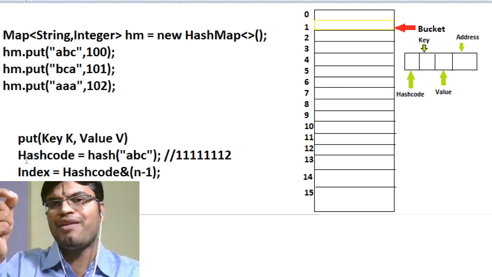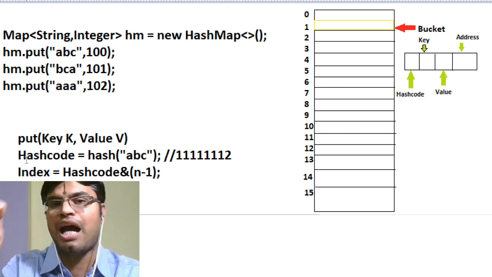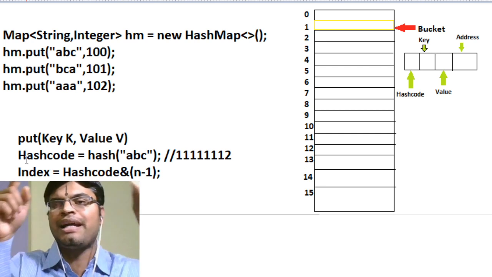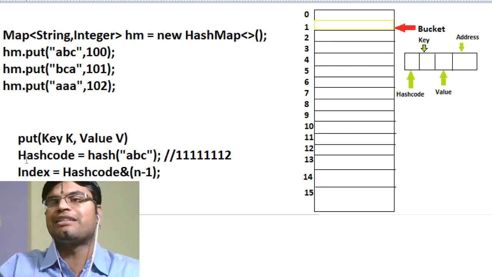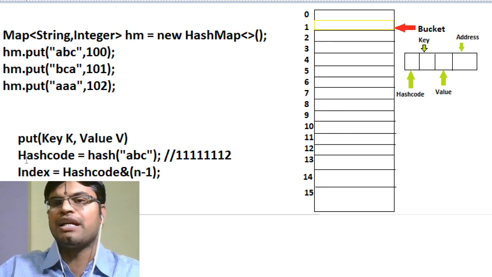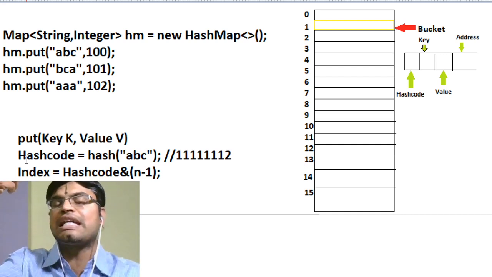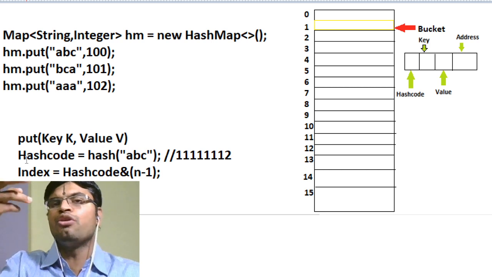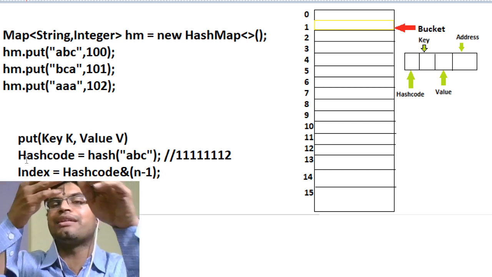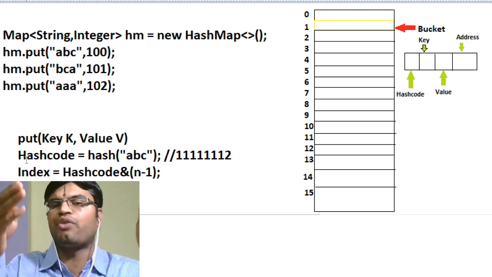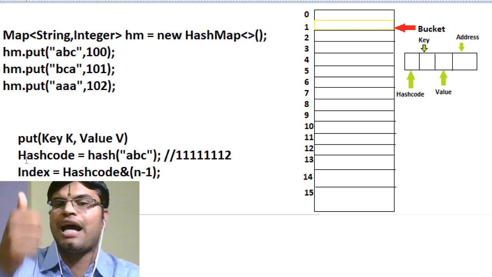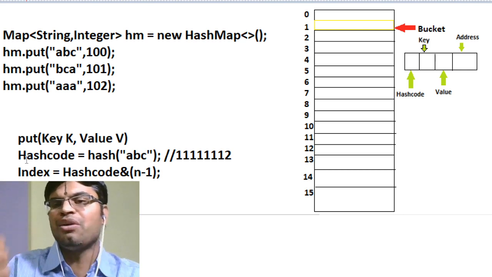In that case, these buckets will contain something called a linked list. So the same index value, for example 1, is the index value for 2 different keys, and the value for that key will be stored at the same index value. That means at index 1, for example, your hash code, key, and value will be stored.